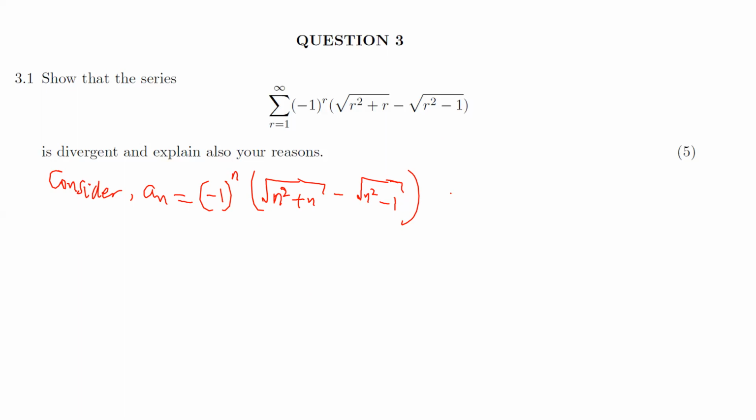So that means we always take the modulus of the a_n term. And if you take the modulus, it removes the alternating powers of (-1) to the power something. So you have the removal of that, minus the square root of n squared minus 1. Okay, you have this.